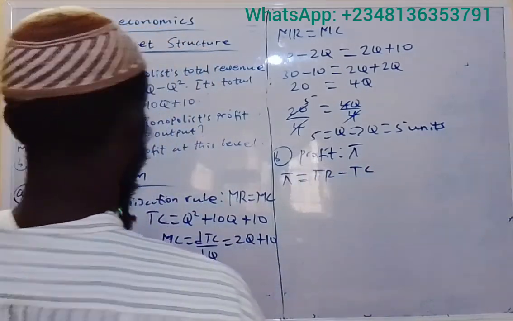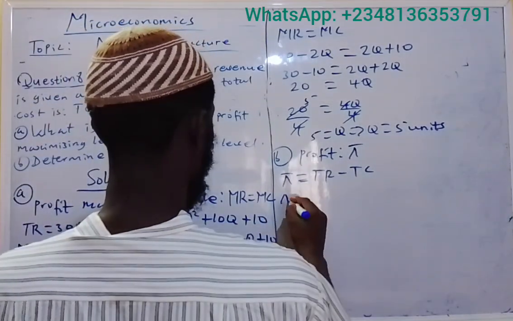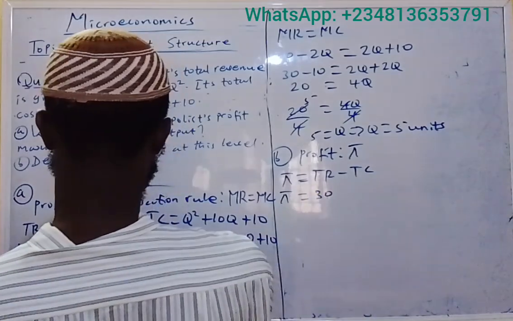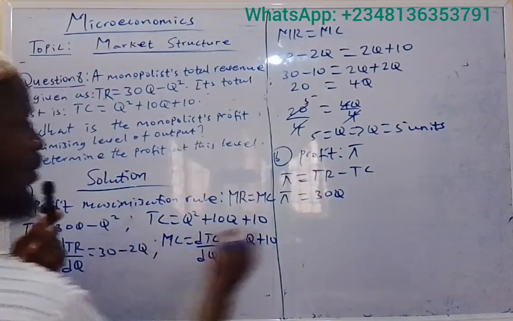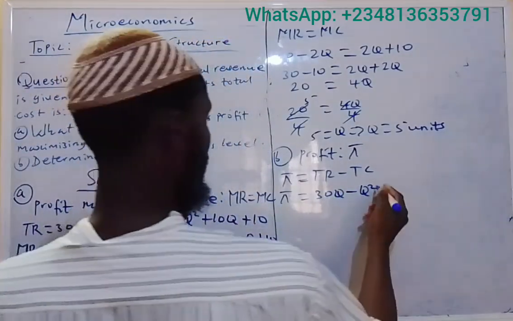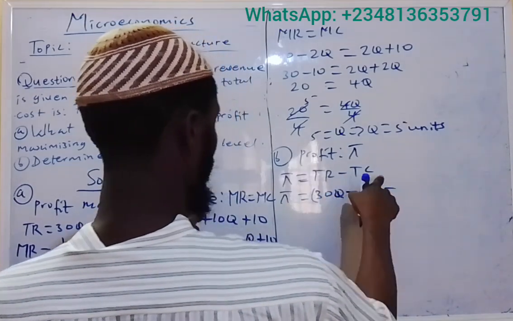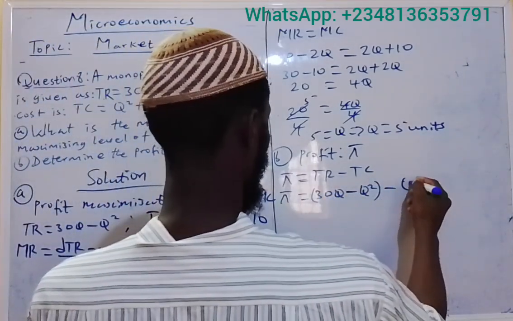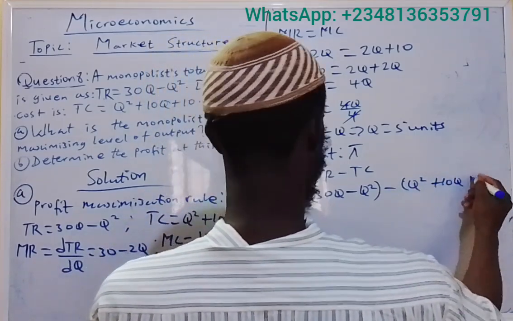Now we are given the total revenue function, so we are going to put it there, which is equal to 30Q minus Q squared. Let's put this in brackets, then minus the total cost function, which is, opening the bracket, Q squared plus 10Q plus 10.